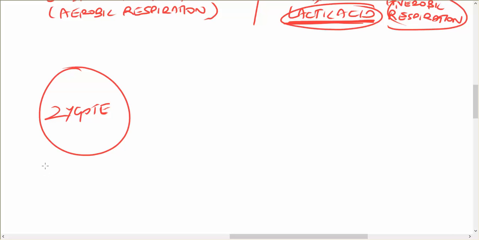So this cell is called totipotent. Totipotent means total potency, totipotent stem cell. So from this we get the complete human body, right?